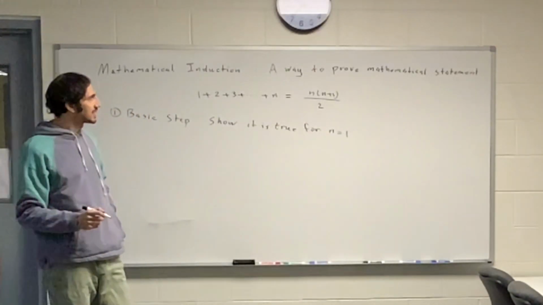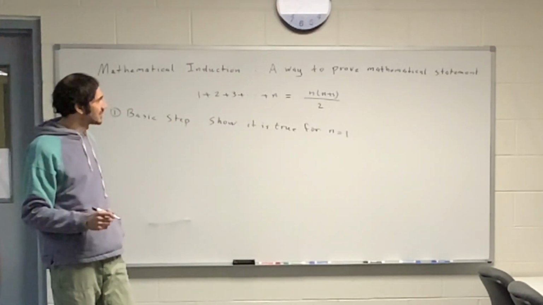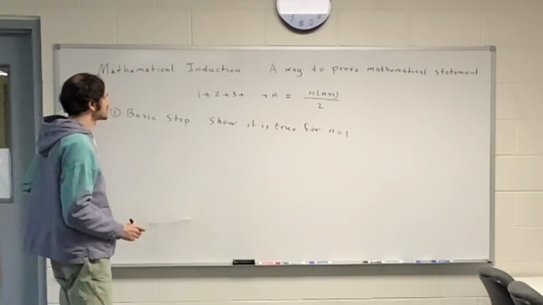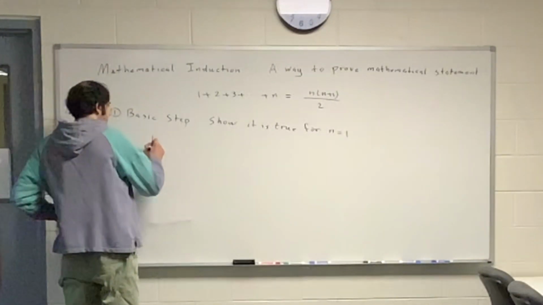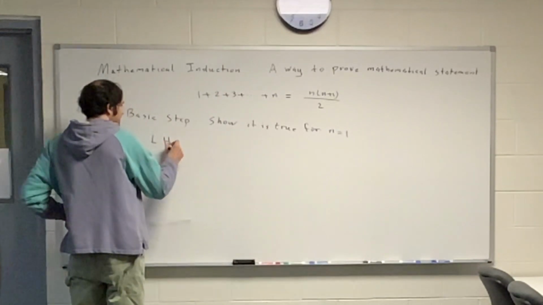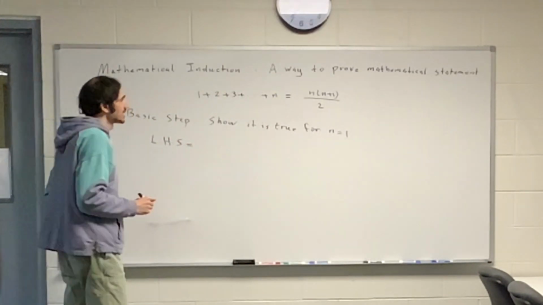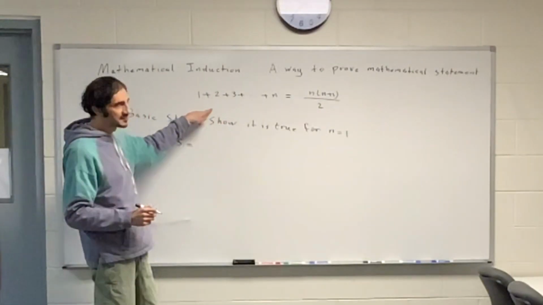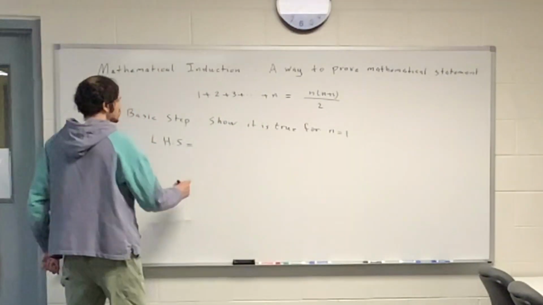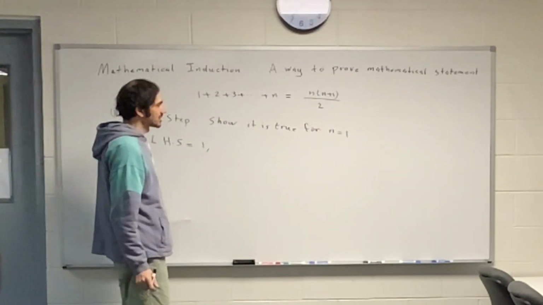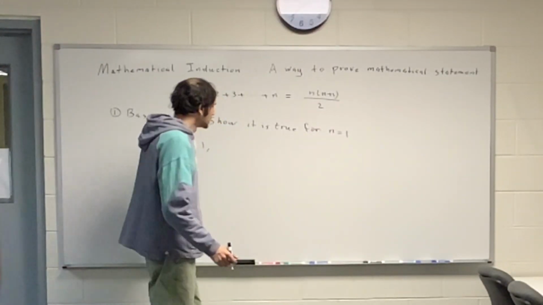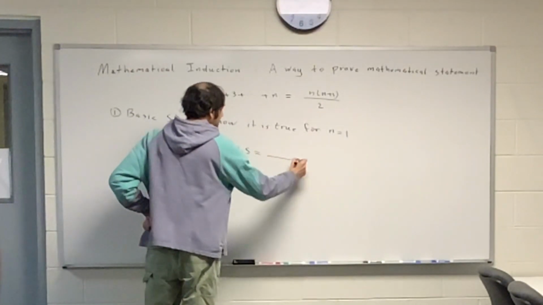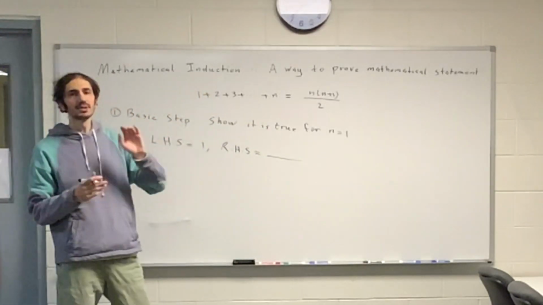And I'm going to check it by plugging n equals 1 in the right hand side and in the left hand side. Let's see the left hand side here. As you can see, n equals 1, which means I'm going to have just one term on my left hand side, which is just 1. And I'm going to plug it again in the right hand side. Instead of n, I'm going to plug 1.